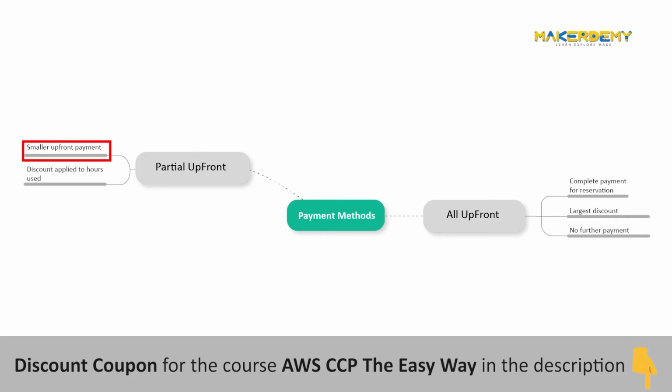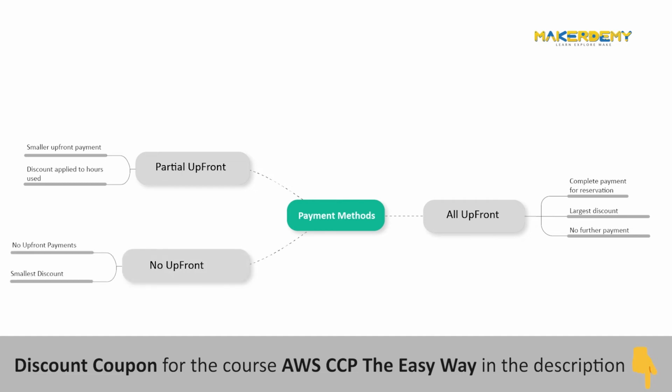Here, a smaller upfront payment is made and then a discount is applied to any hours used by the instance during the term. The last option is no upfront. No upfront or partial payments are made, and the smallest discount of the 3 pricing models is applied to any hours used by the instance.